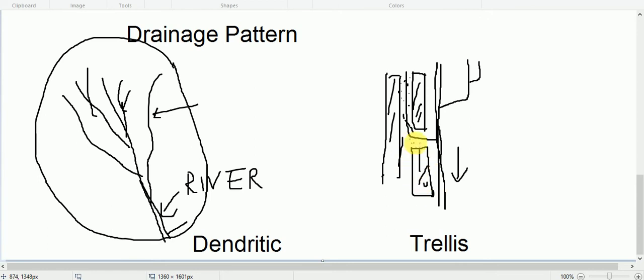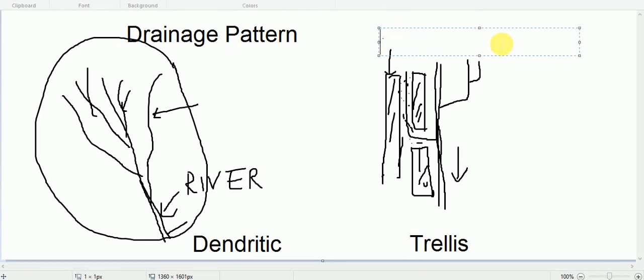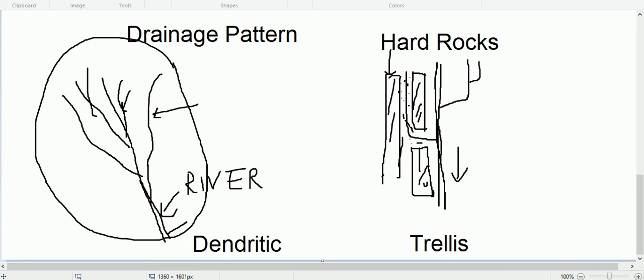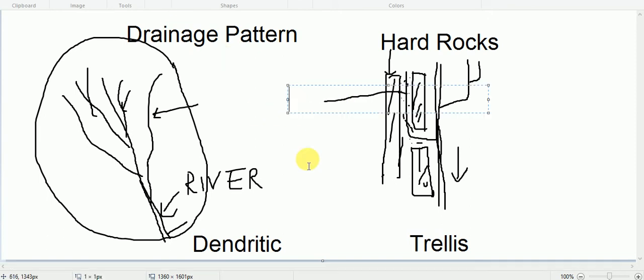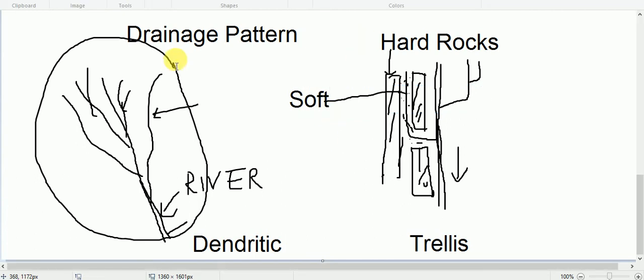Then here again you will find soft rock. Here lies hard rock, and here in this area lies soft rock, and that is why the tributaries join the main river at right angles.